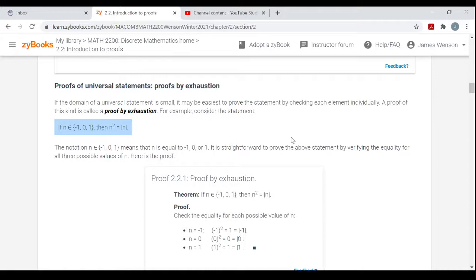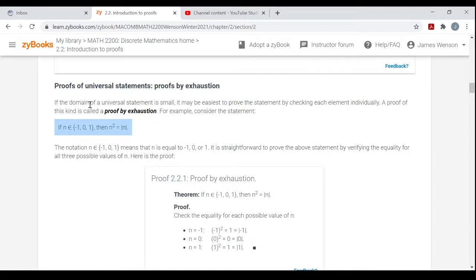We're getting in this part of the section to proofs of universal statements, statements like for all and for every. Now, if the domain is small, right?